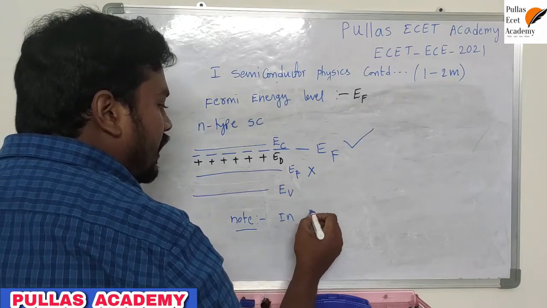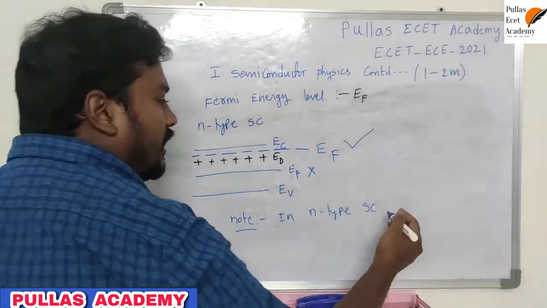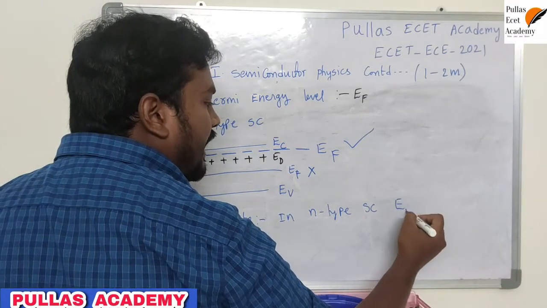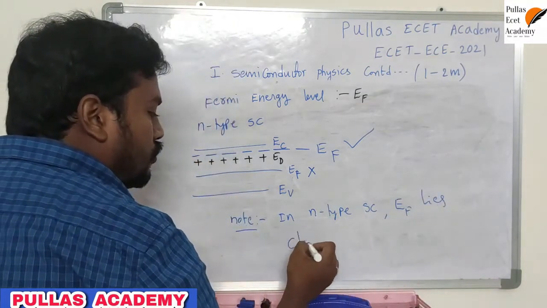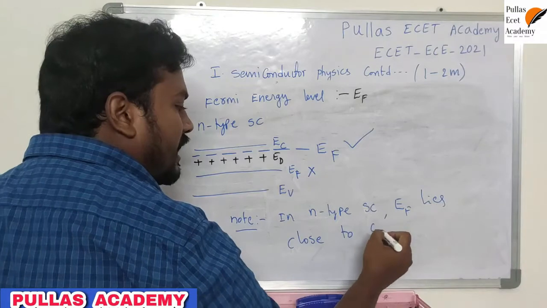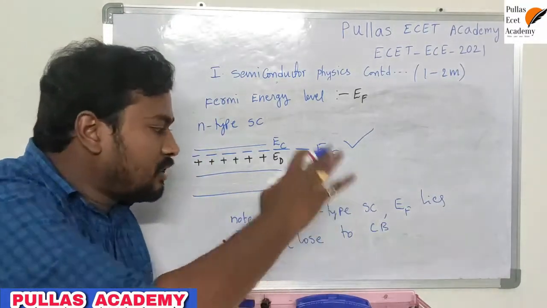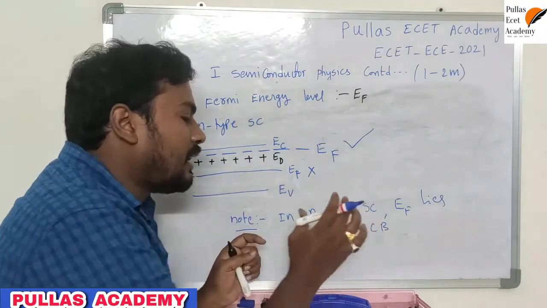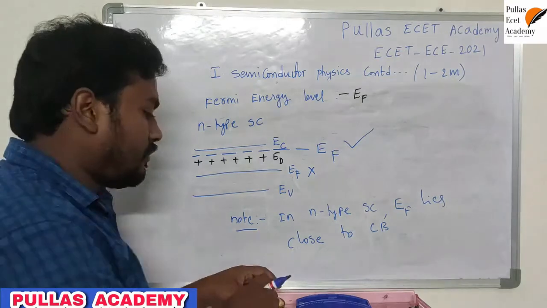In an n-type semiconductor, the Fermi energy level EF lies close to the conduction band. This point is very important. Please make a note of it.